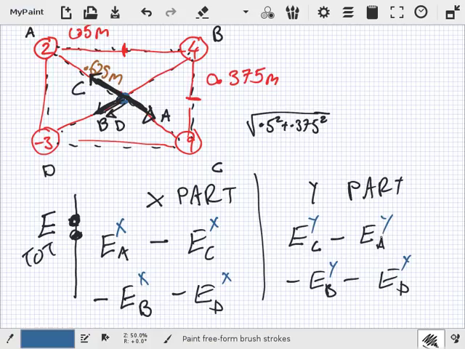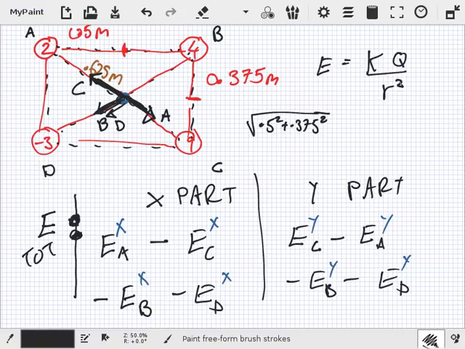The X and Y, we still have to resolve it. You see now it's getting quite hard. So, what is the formula for electric field strength? Well, the formula is K Q over R squared.